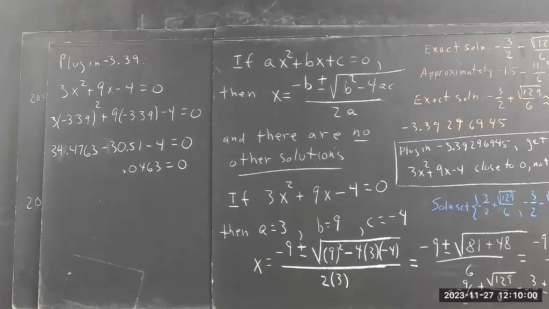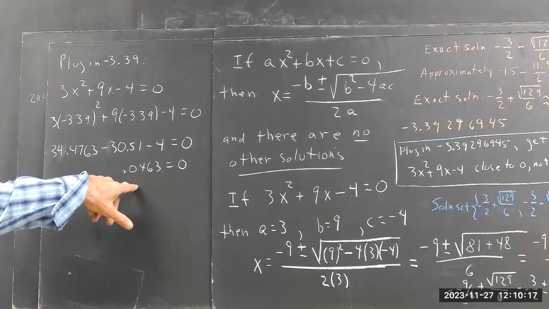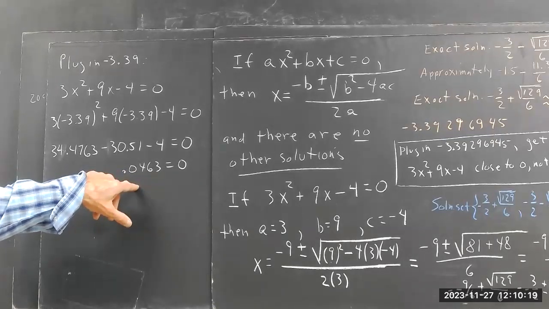No. 47. Yeah. Okay. Anyhow, I might have screwed that up, but we get a small number equals 0, but it isn't 0 equals 0.